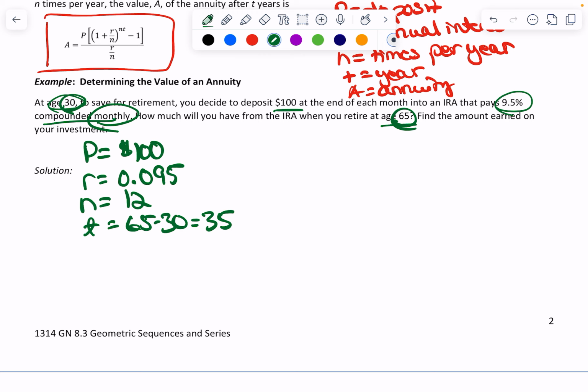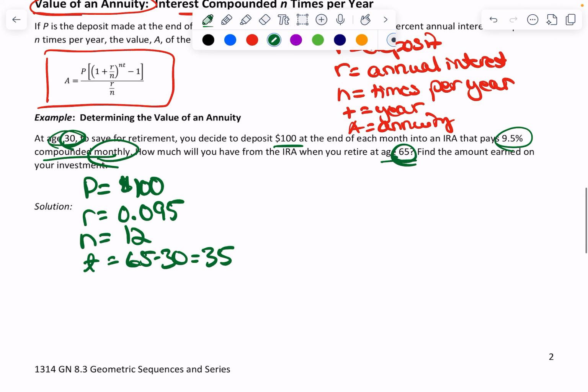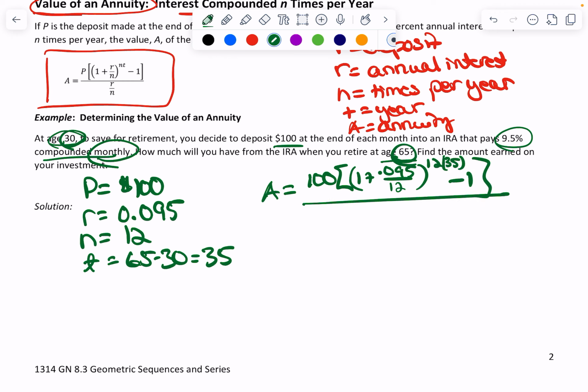Okay, we're going to go ahead and plug this into the formula. So A equals 100 times the bracket 1 plus 0.095 divided by 12, to the power of 12 times 35, minus 1, bracket closed, divided by 0.095 divided by 12.